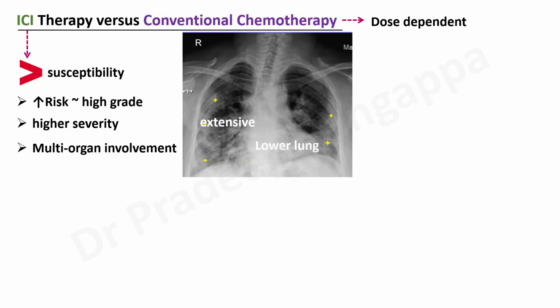And as I said, chemotherapy pneumonitis tends to be more dose dependent. With immune checkpoint inhibitors or immunotherapy, even one dose can cause a severe reaction, and it is not dose dependent. It can happen with the first dose or second dose, and it can happen in a more fulminant way with higher severity. But chemotherapy is more dose dependent.